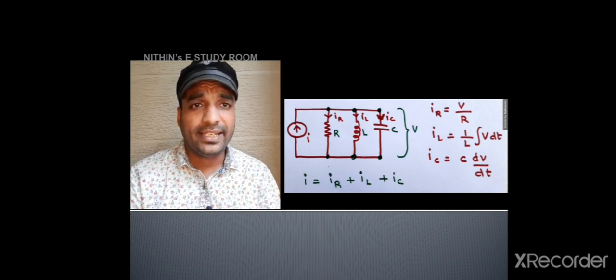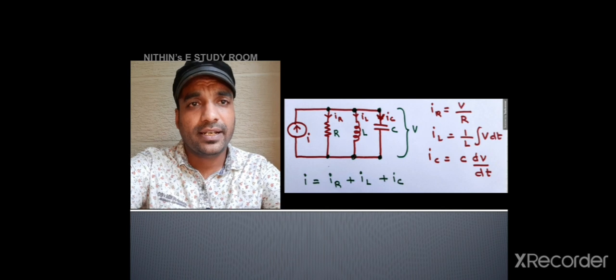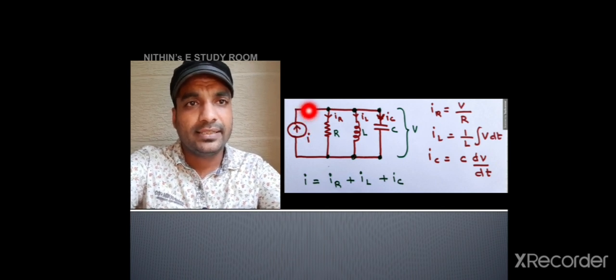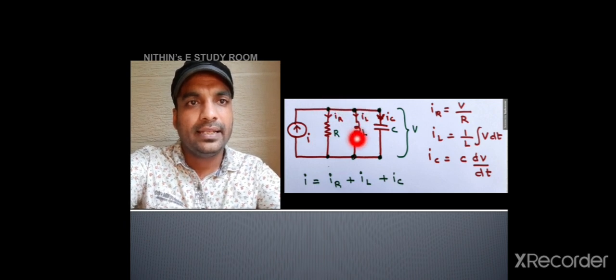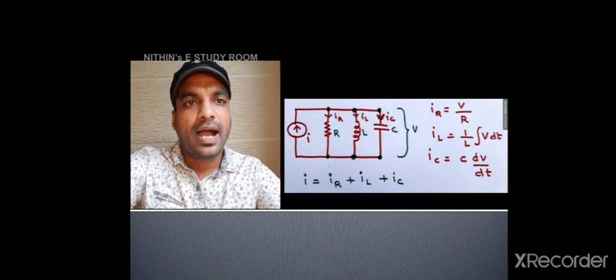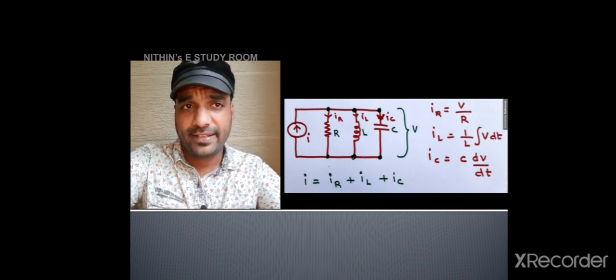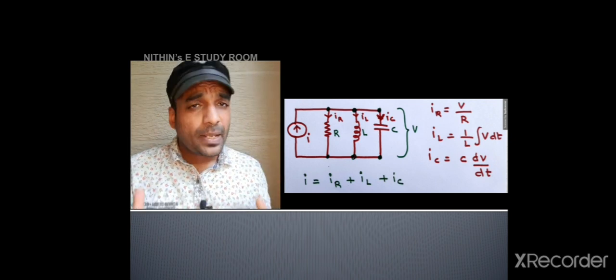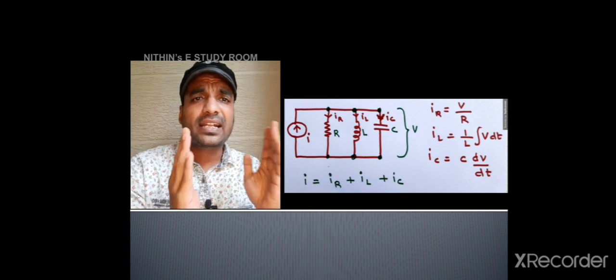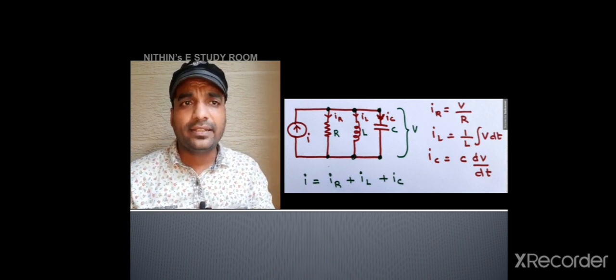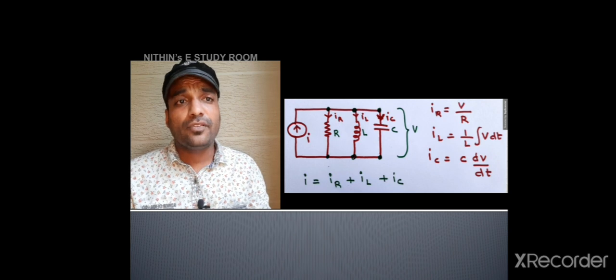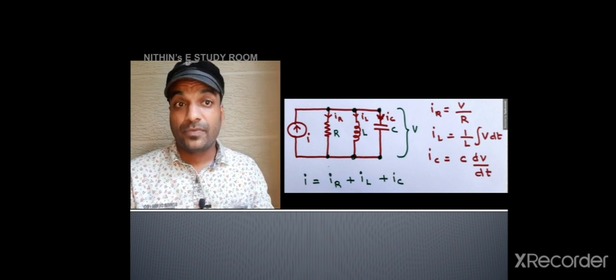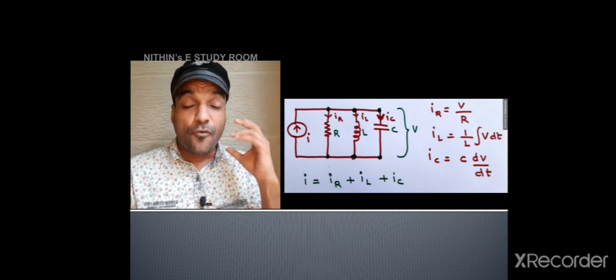Here a current source I is marked. You can see a current source I here, and that I is splitting into IR, IL and IC. IR is nothing but the current in resistance R, IL is the current in inductance L, and IC is the current in capacitor C. But we know that these R, L and C are parallel elements, and for any parallel element, the voltage will be constant.